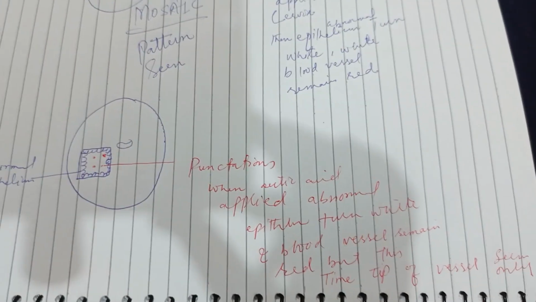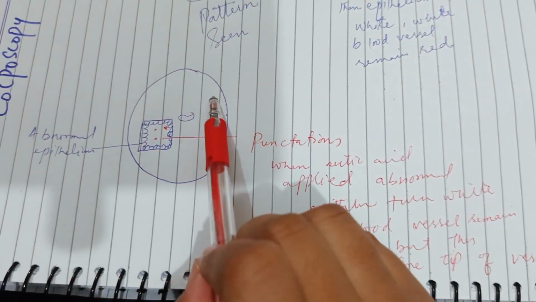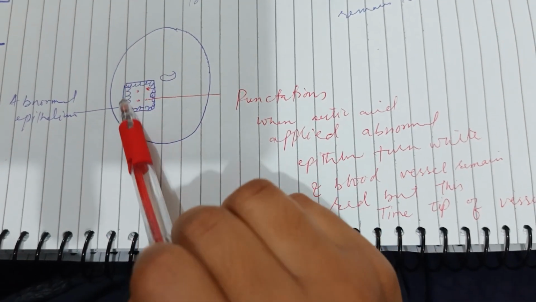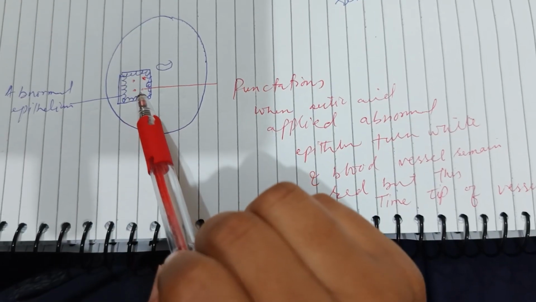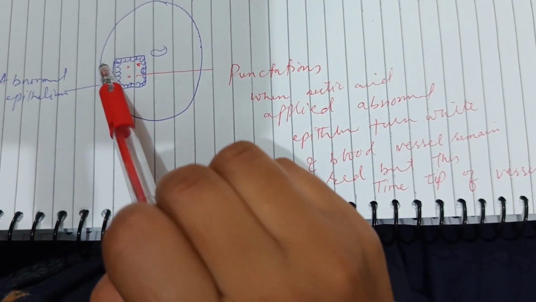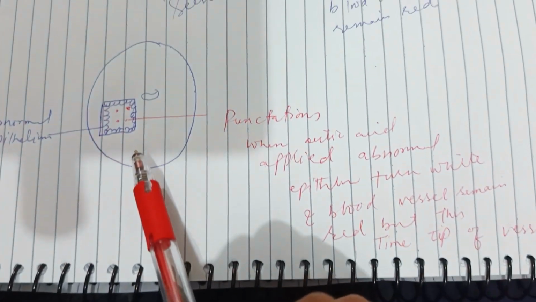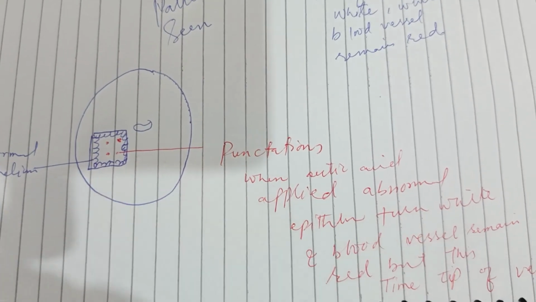If you place multiple pins below the white bed sheet, they will be seen from above with the tip. Like this, blood vessels are seen as tips of vessels from the abnormal epithelium.